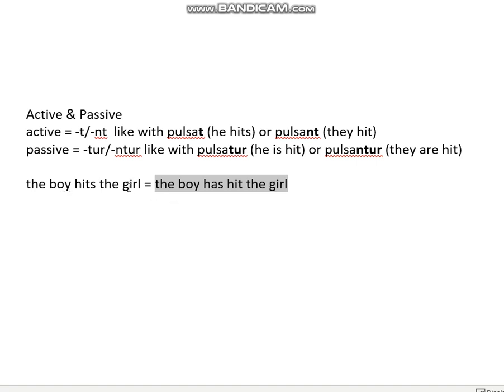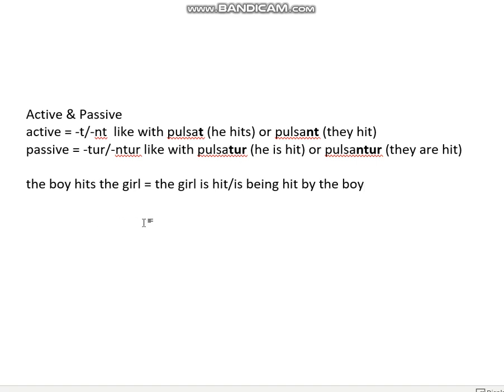So the girl, which is the object in the sentence, becomes the subject, and the boy, which is the subject in the sentence, becomes the personal agent. So the girl, because now the girl is the subject, is hit or is being hit by, remember this word by, the word by always has to be in there, the boy.